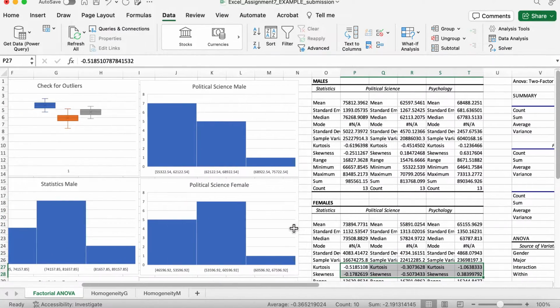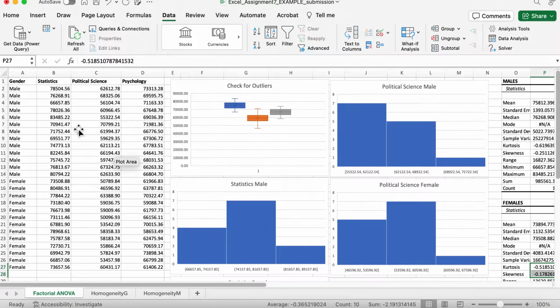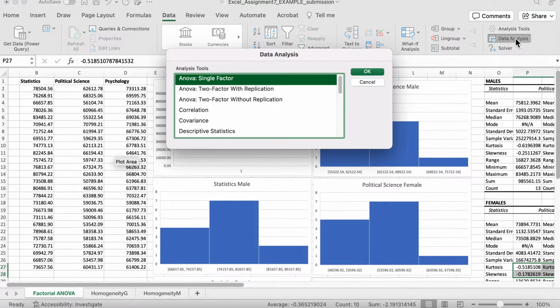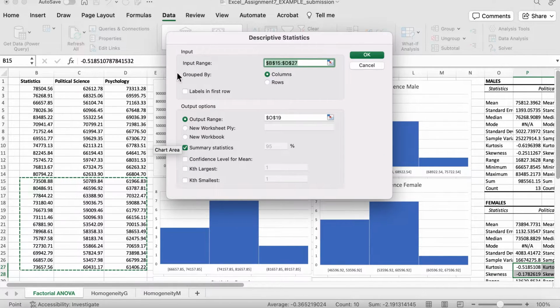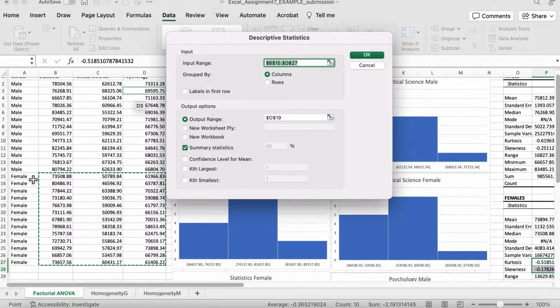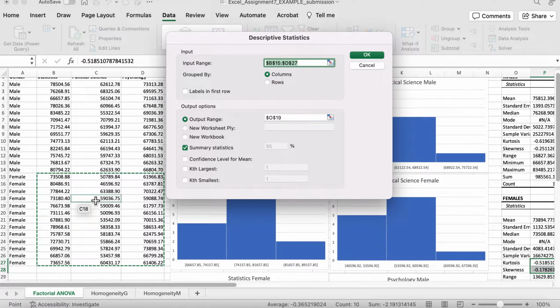I wanted to show you real quick, in case this would be a problem for you or kind of confusing, how to get descriptive statistics of just females or just males. This is what I did. I'm only selecting this group, and I do this because you can't include these categorical variables here.